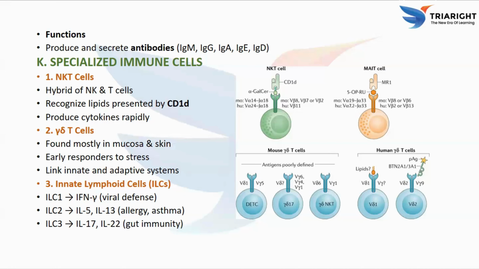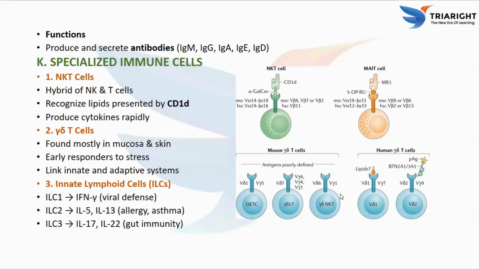And here are mouse gamma delta T cells and human gamma delta T cells. Mouse gamma delta T cells have various subsets, V gamma 5, V gamma 4, and V gamma 6, etc. They have specialized functions such as tissue repair and inflammation.